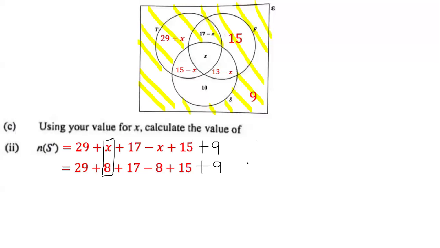That's going to be equal to 61 plus 9, and 61 plus 9 is definitely 70. So the number of elements in S complement is going to be 70.